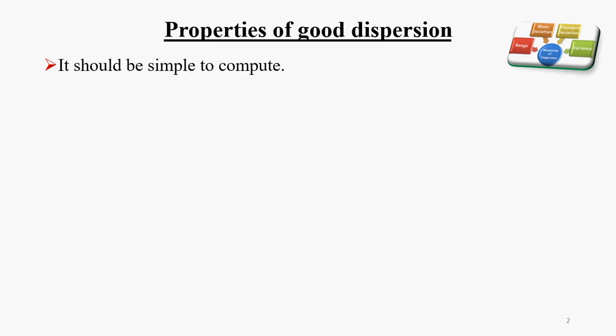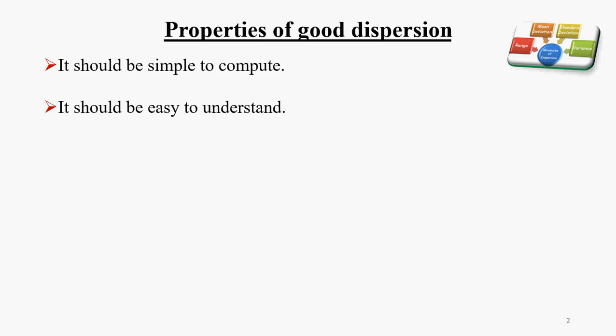First, let us focus on the properties of good dispersion. How it should be, what are the properties? The first property, it should be simple to compute. So it should be very simple so that further calculation is possible. The second property, it should be easy to understand. If it is complicated, then it will be difficult.